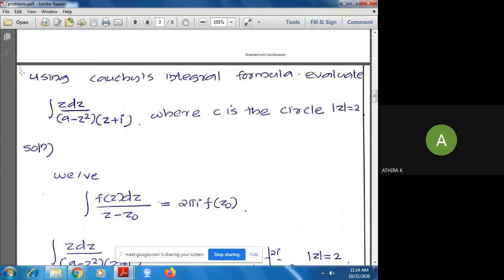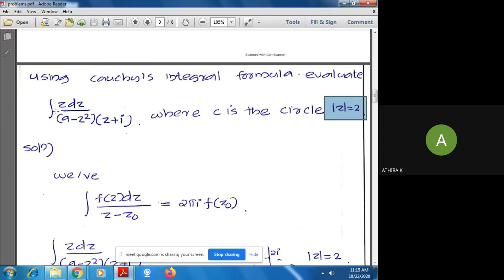Now, next question. Using Cauchy's integral formula, evaluate integral z dz divided by 9 minus z square into z plus i, where C is the circle mod z is equal to 2.